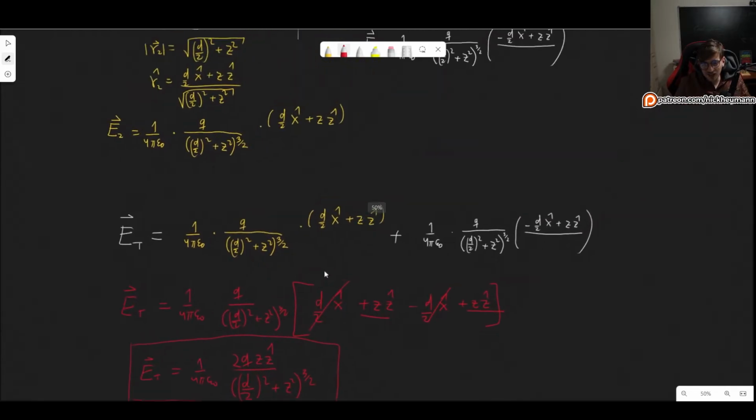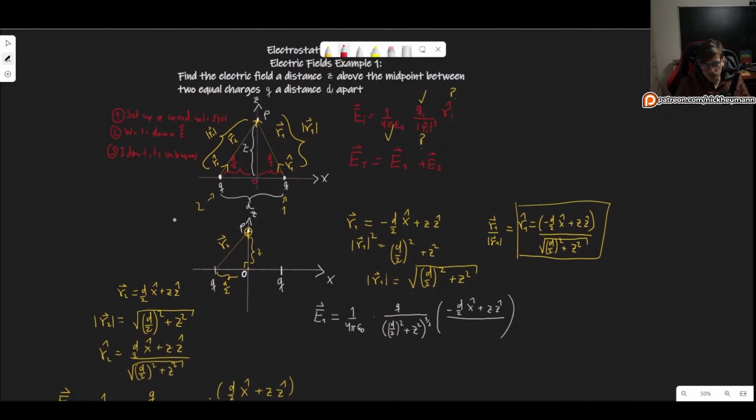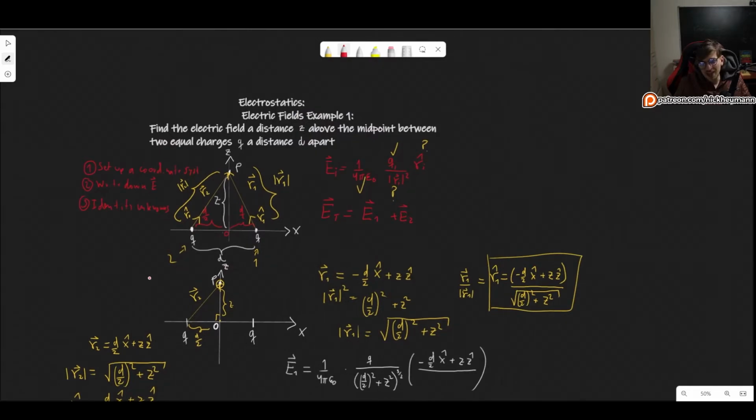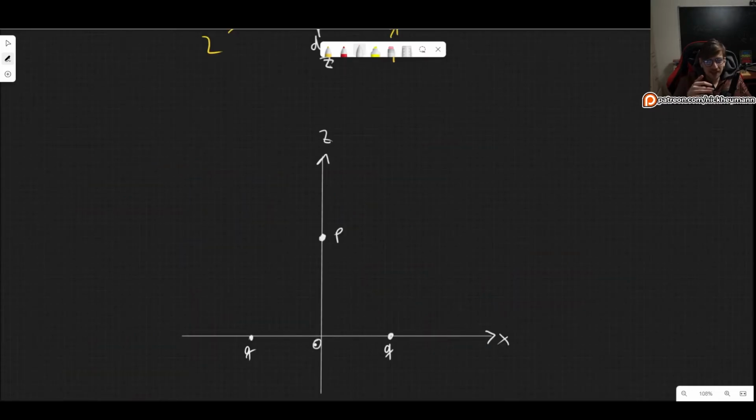Now there is a second way, and honestly this is the way that I was taught in class, but I personally don't think that it is all that easy. So now the second way to solve this problem is a bit more geometrical. So what we do here is we just draw a little bit what is going on. So we know that this charge will produce an electric field that will go in this direction, right?